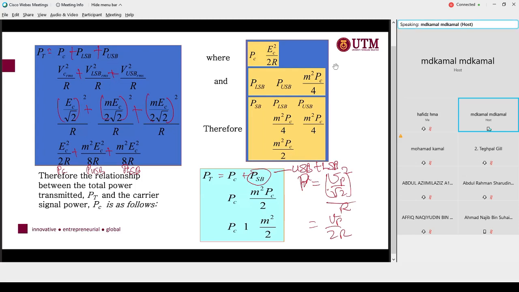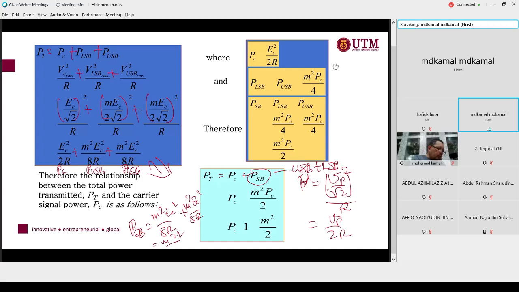If you look into our Psb, it is these two. So Psb is equal to m squared Ec squared over 8R plus m squared Ec squared over 8R as well. So you get m squared Ec squared over 4R.